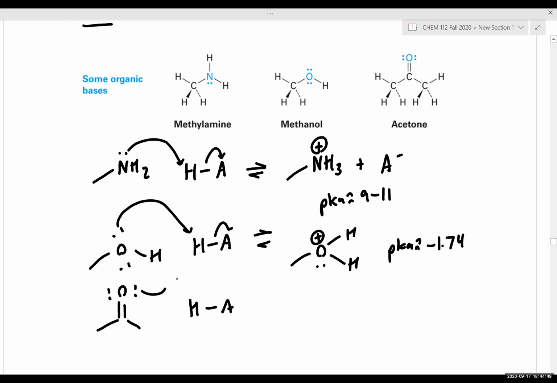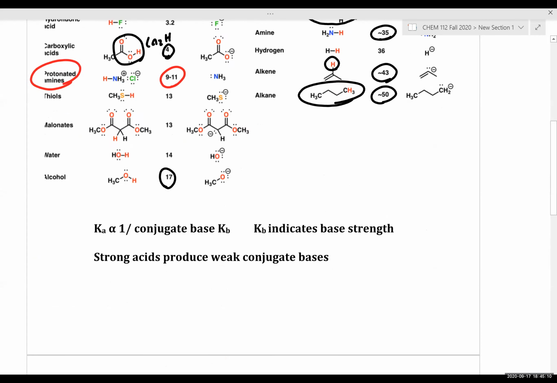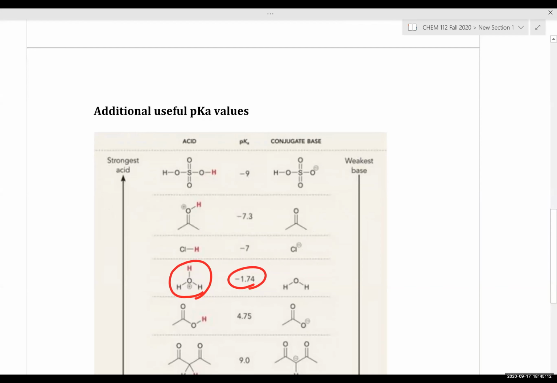If we look at acetone and try to protonate it, technically this lone pair can function as a base, but it doesn't function as a base very often. Because what is the pKa value of a protonated ketone, roughly?